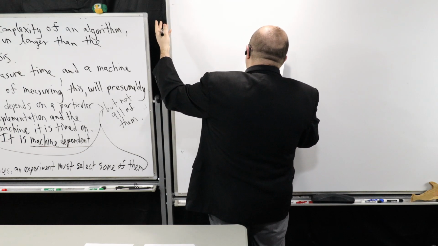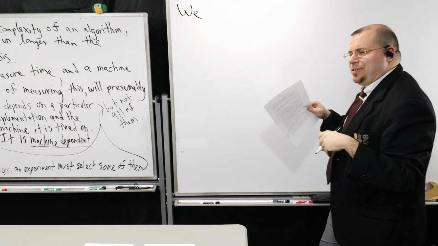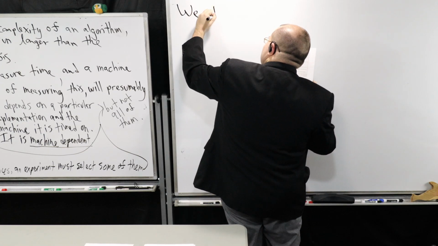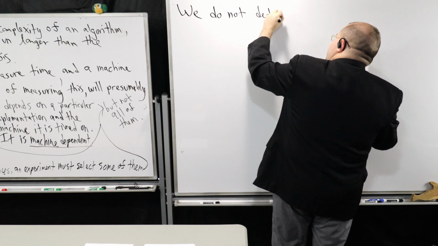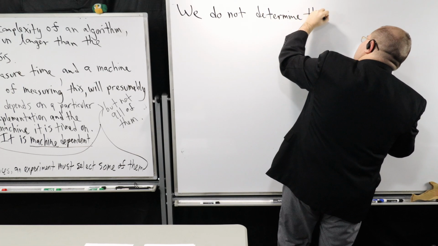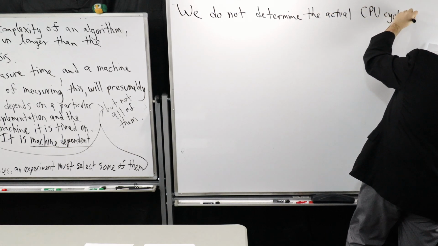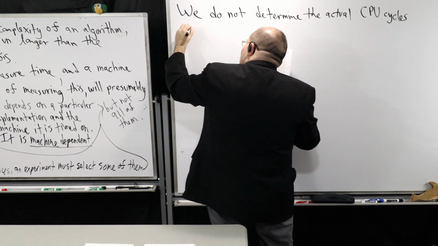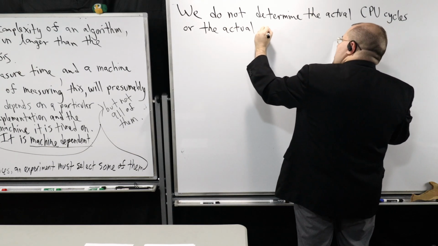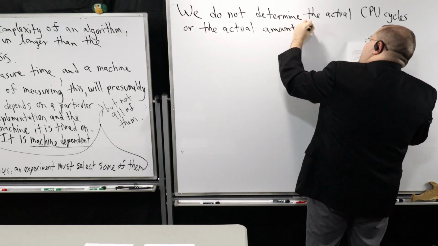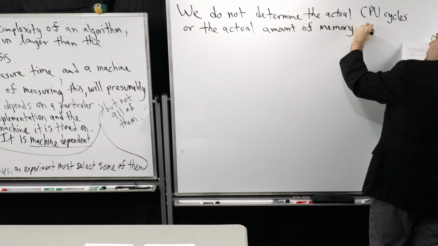So how are we going to do this? Well, believe it or not, and this is going to sound at first like I'm doing some weird black magic over here, we do not determine the actual CPU cycles or the actual amount of memory an algorithm uses.